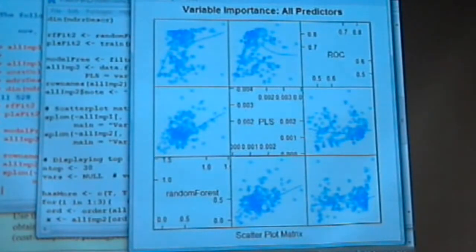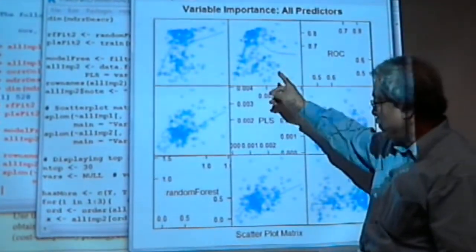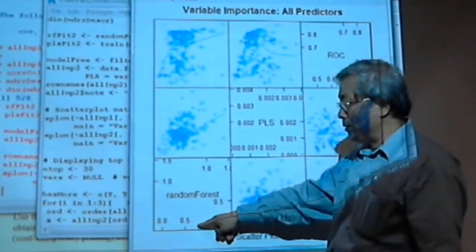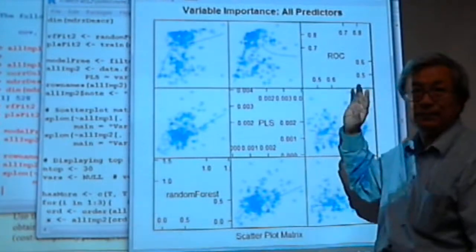These are variable importance measures over random forest, over PLS, and over ROC. So, for example, this would be a point where this is the variable importance measure for random forest, and for that same variable, the importance for PLS right here.